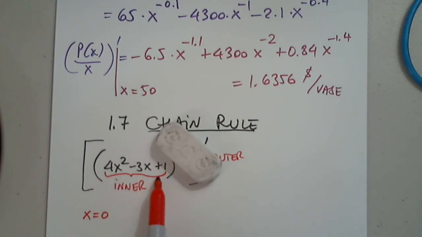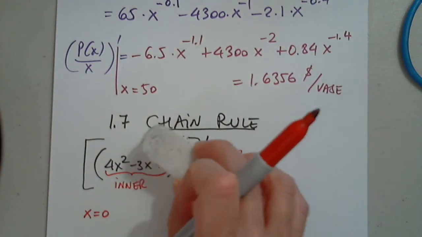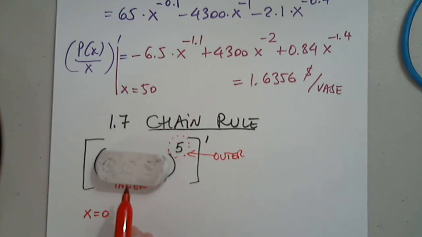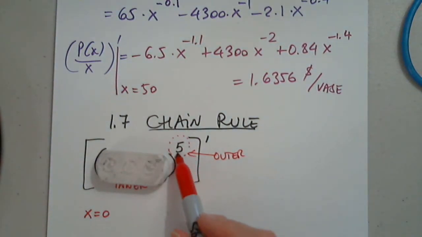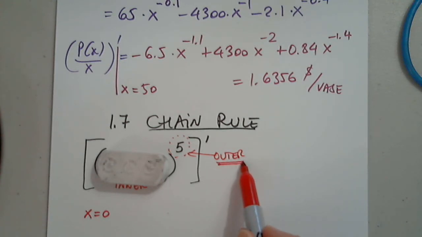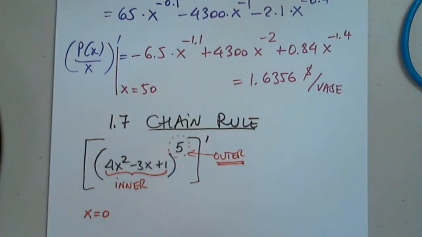So that's why this is the inner function, the first one that is applied to 0. After I get a number, then I will raise this number to power 5. So that's why this is the outer function, or the second function if you don't want to use the word outer.